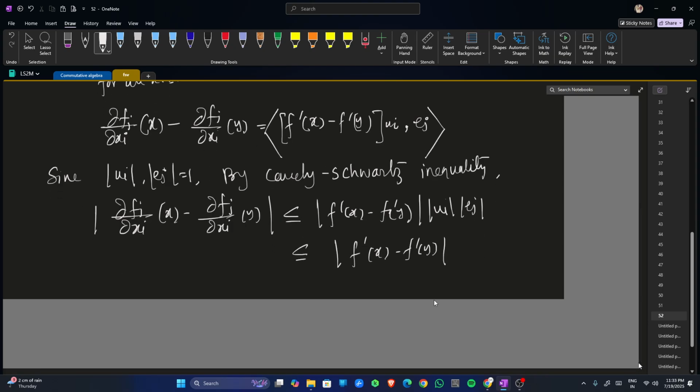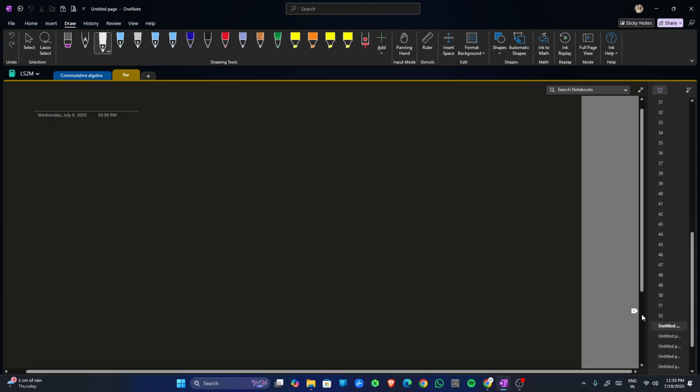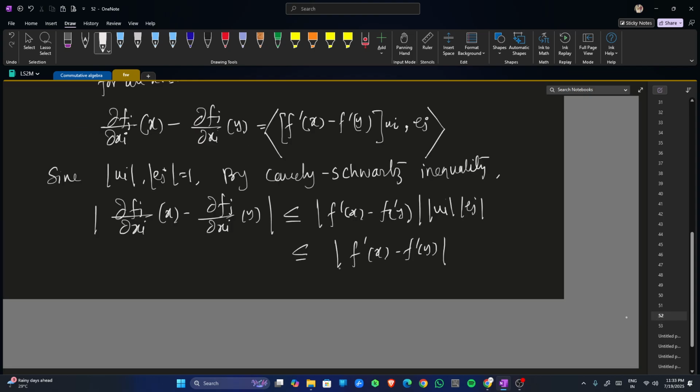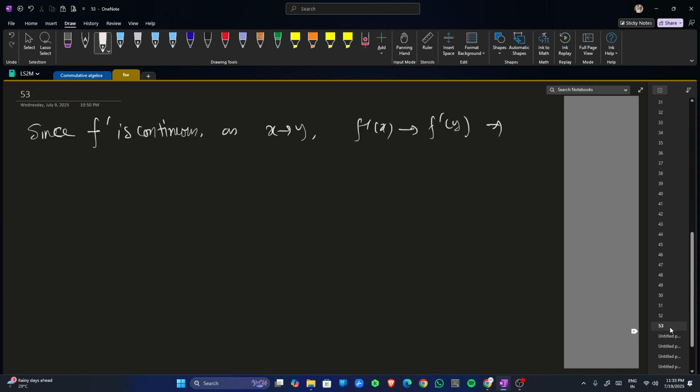Now if f prime is continuous, then as x tends to y, this goes to 0, done. Since f prime is continuous, as x tends to y, f prime x tends to f prime y, which implies this quantity is less than epsilon.